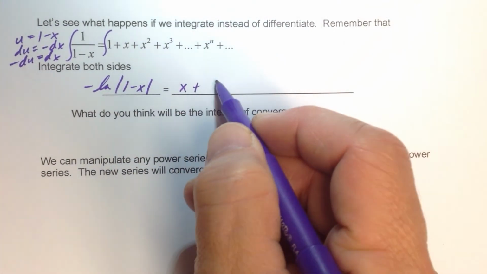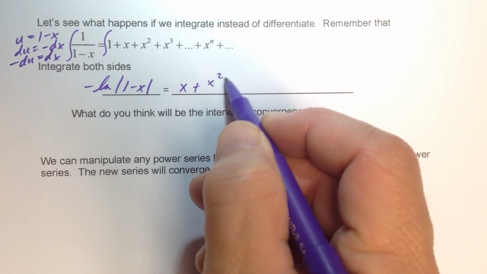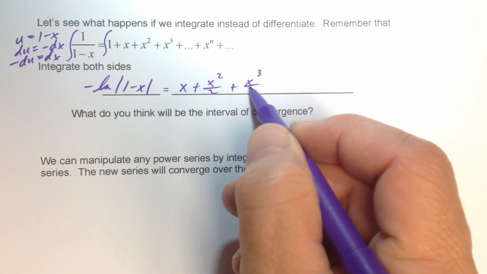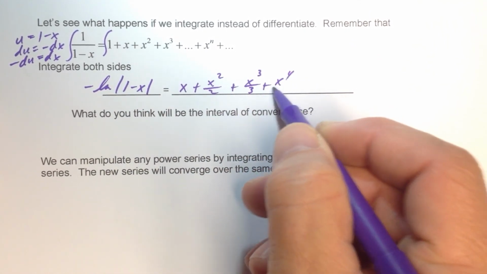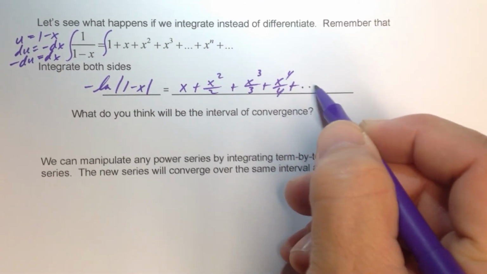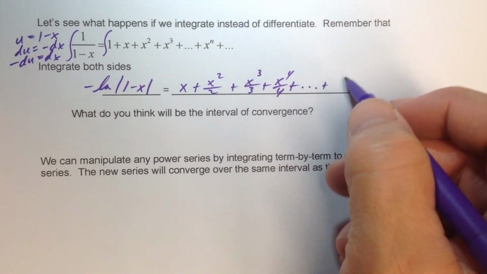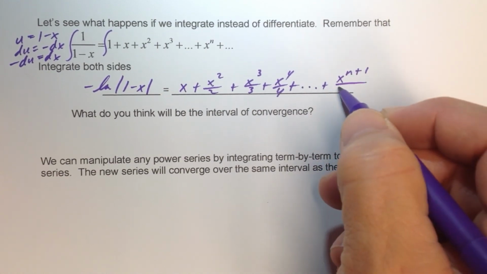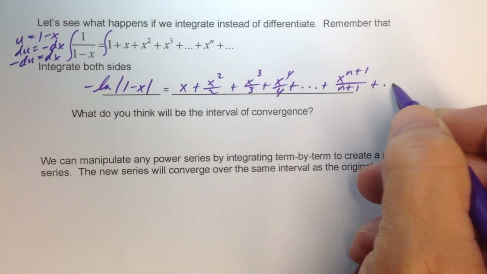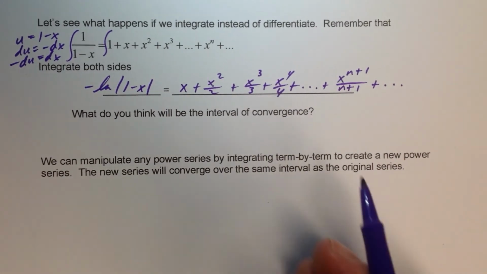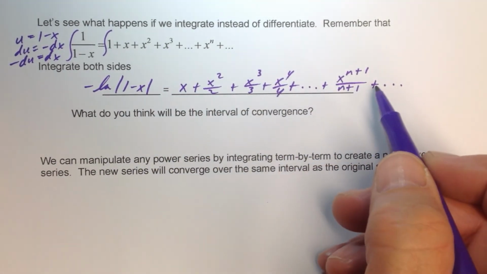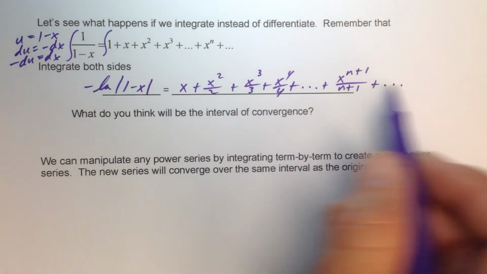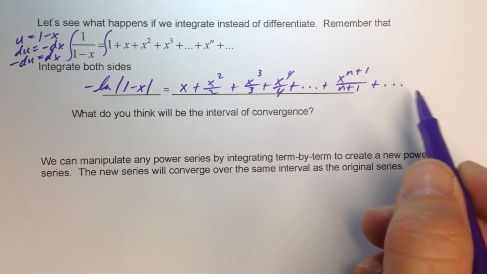Then the antiderivative of x is x squared over 2, and then we have plus x cubed over 3 plus x to the 4th over 4 plus dot dot dot, and then plus x to the n plus 1 over n plus 1, and then plus dot dot dot. Always make sure if you put an equal sign there that you include the plus dot dot dot at the very end, because then it shows that this is equal to this infinite series.